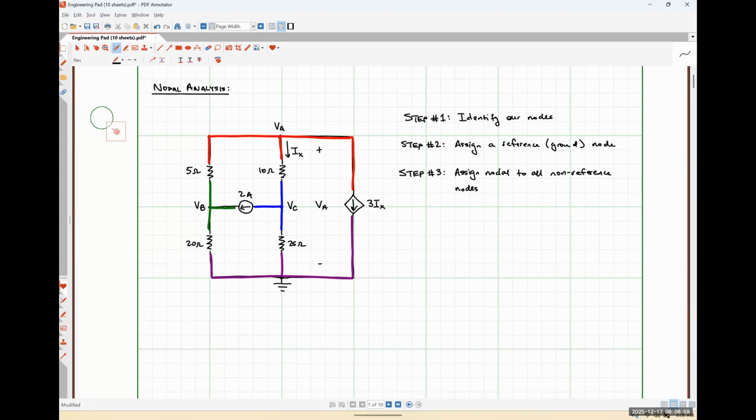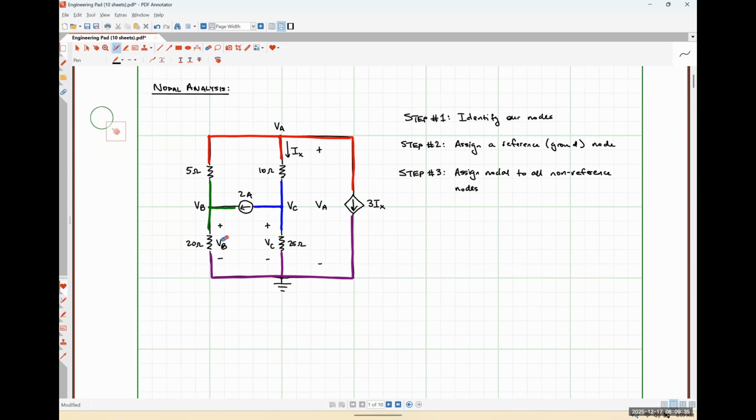Very similarly, the nodal voltage VB would be the voltage drop across this 20 ohm resistor, because the 20 ohm resistor is placed between node B and ground, and the voltage drop across our 25 ohm resistor would be the same thing as our nodal voltage VC because it's placed between node C and ground, okay? So a nodal voltage is just the positive polarity terminal is assumed to be at the node that's labeled, and then the negative polarity terminal is always ground, okay?